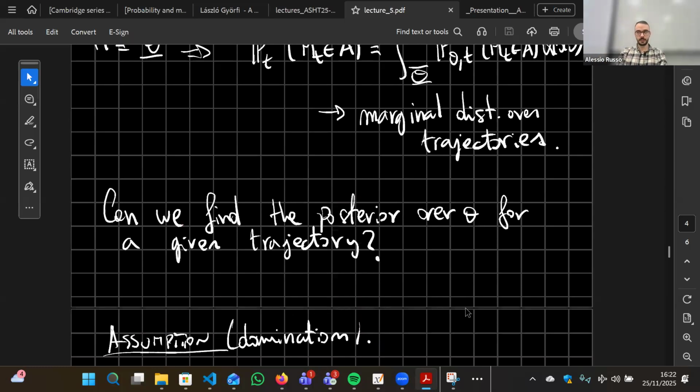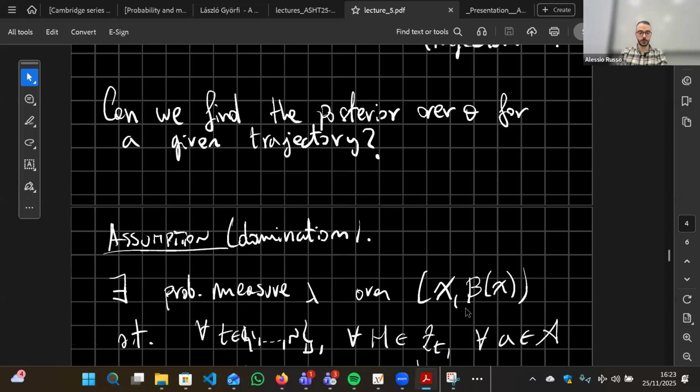To well define a posterior distribution that we can use, we need first an assumption of domination. The posterior distribution is defined also without this assumption, but if we want to find something of practical use, we need this assumption in the end.